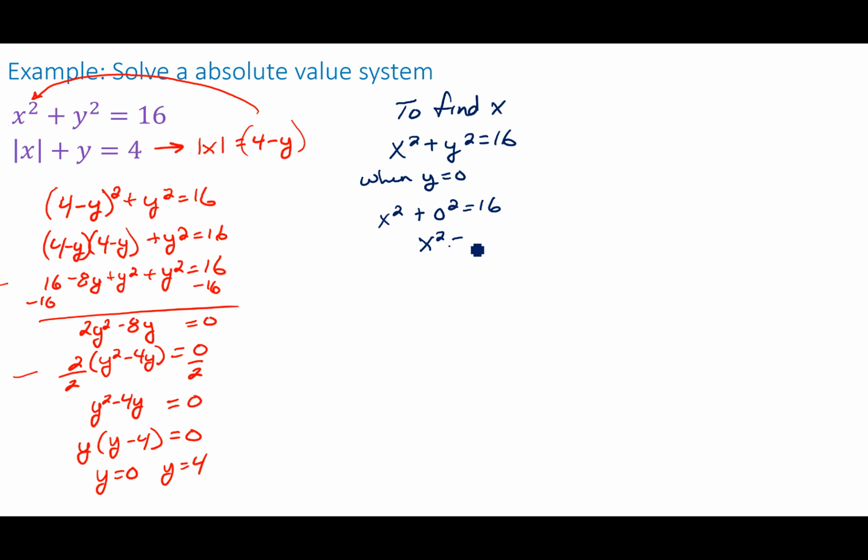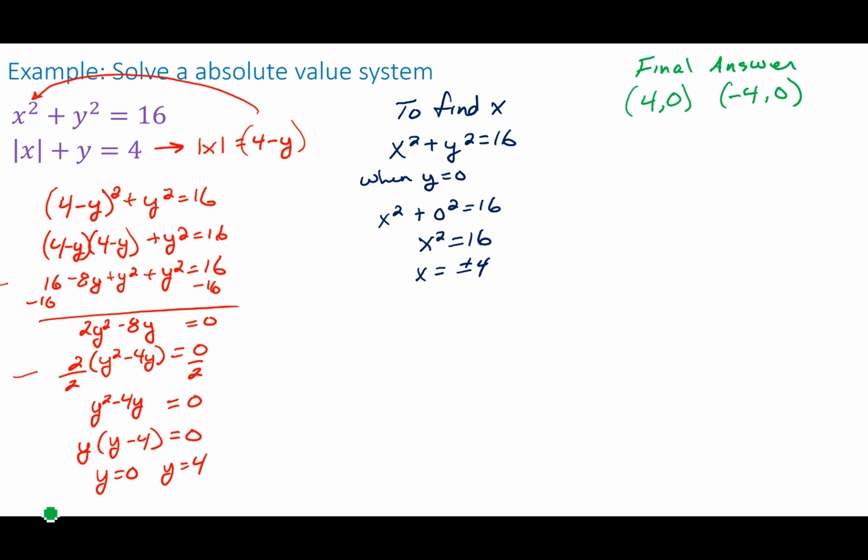So x squared will be equal to 16. Then x is going to be plus minus 4. Okay, so let's start to build our final answer on this one. So when x is equal to a positive 4, y has to be 0. And when x is equal to a negative 4, we also have a y equaling 0.